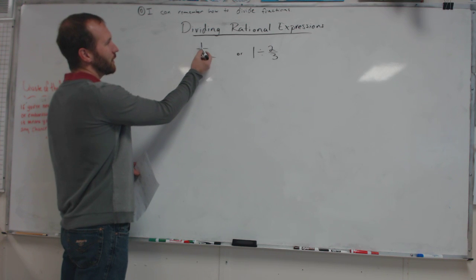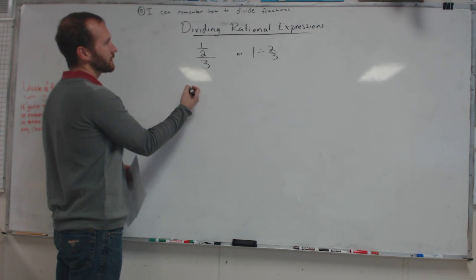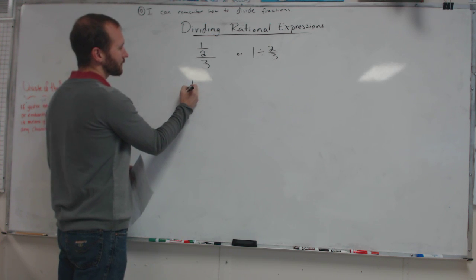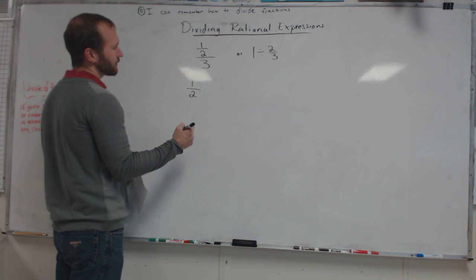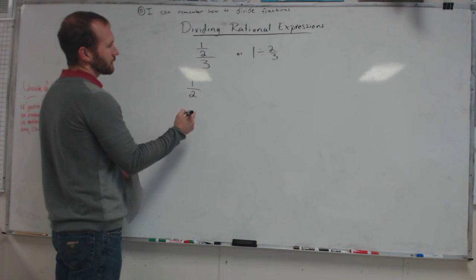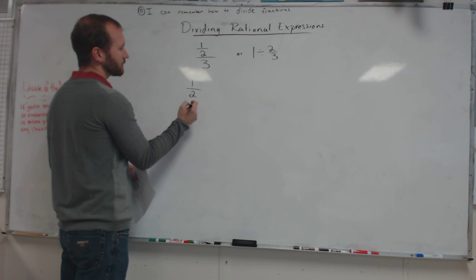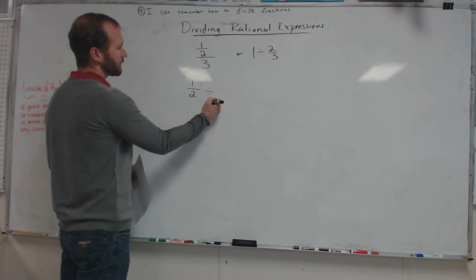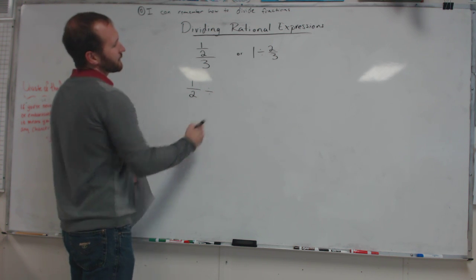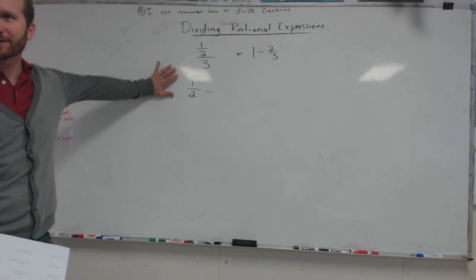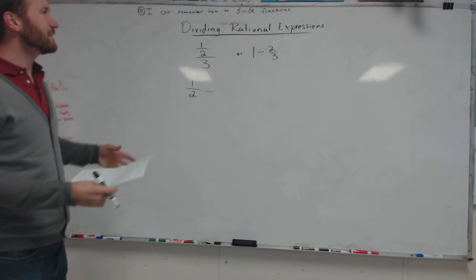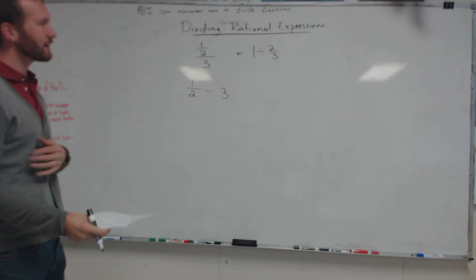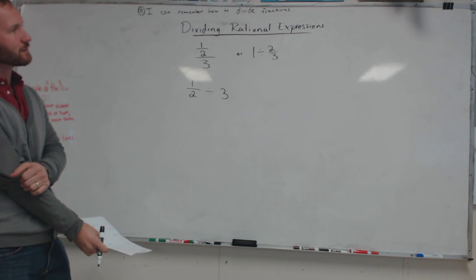One option is 1 divided by 2/3, but I could also call this 1/2 divided by 3.